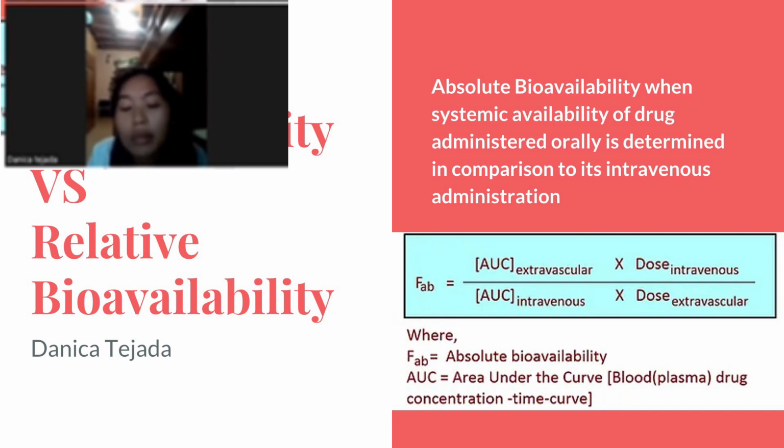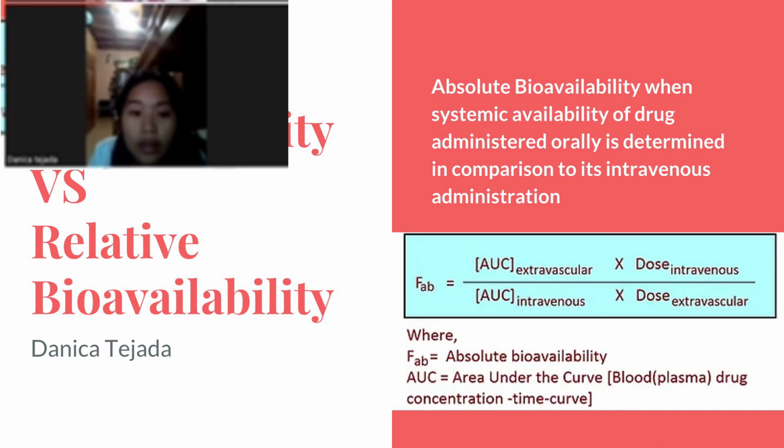So it is the amount of drug from a formulation that reaches the systemic circulation relative to an intravenous dose. The intravenous dose is assumed to be 100% bioavailable since you are injecting the drug directly into the systemic circulation.